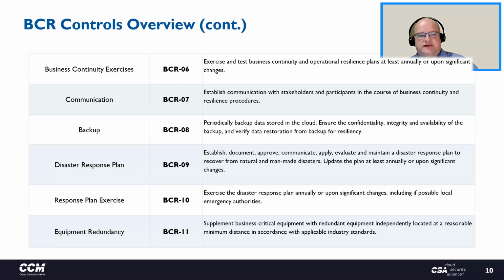The responsibilities for all the various controls specified within the CCM can be shared between the cloud customer and cloud provider, or they can be owned exclusively by one or the other. Typically, the CSP, the cloud service provider, is responsible for the security of the cloud, and the CSC, the customer, is responsible for its security in the cloud. We will discuss this allocation for the BCR controls specifically over the next few minutes.